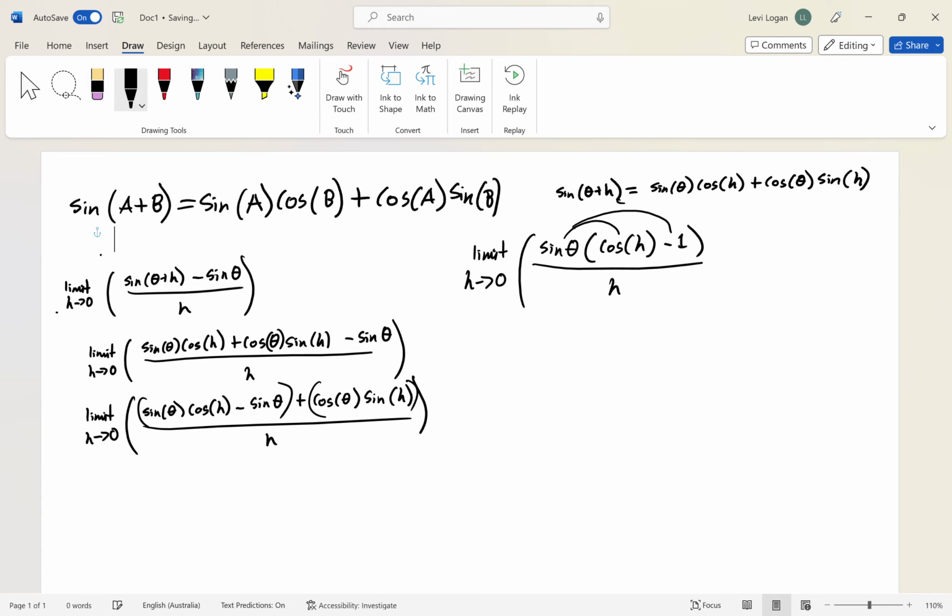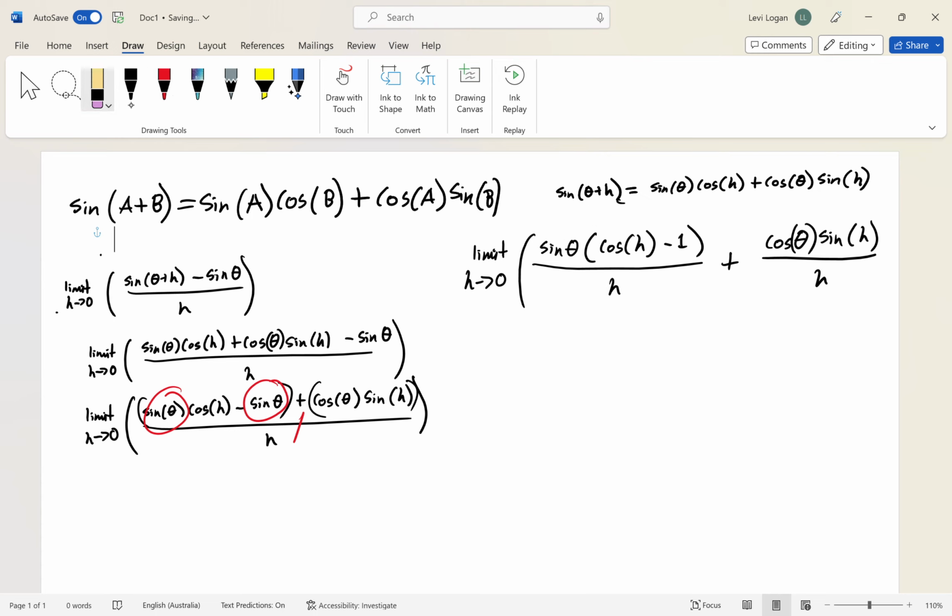Divided by h plus cos theta sine of h, all divided by h. So you see what I've done from this line to that line. I've done two things. One, I've chopped my fraction in half, just to have two different terms, and I've taken the sine theta out of these and done it up here.